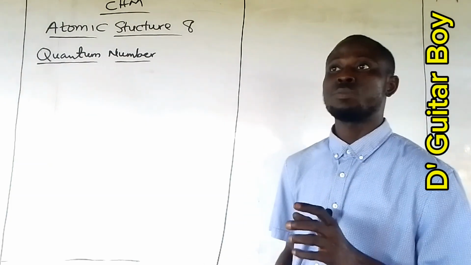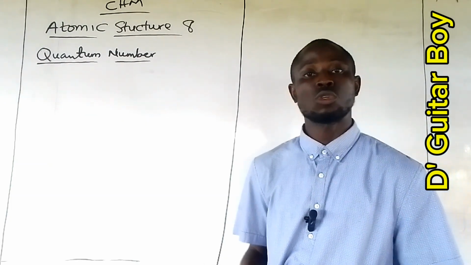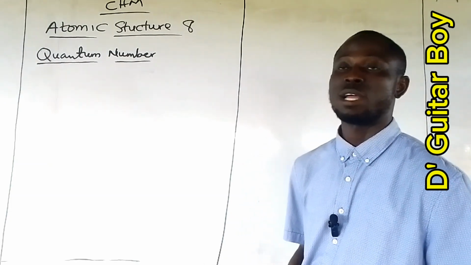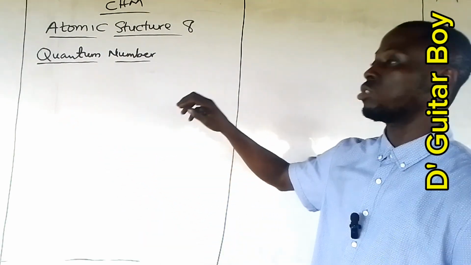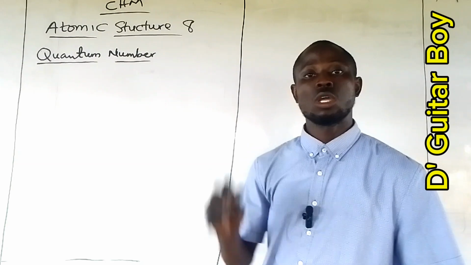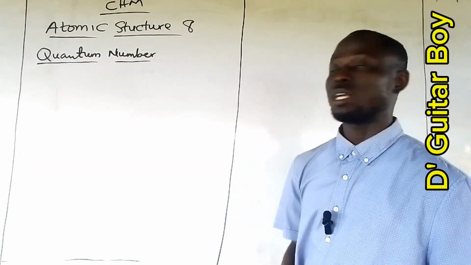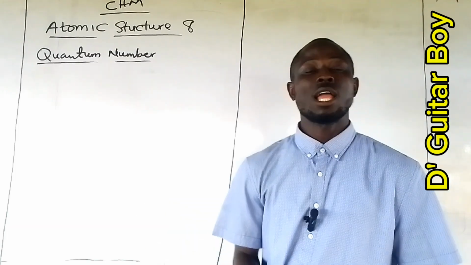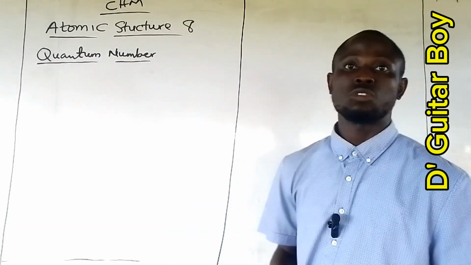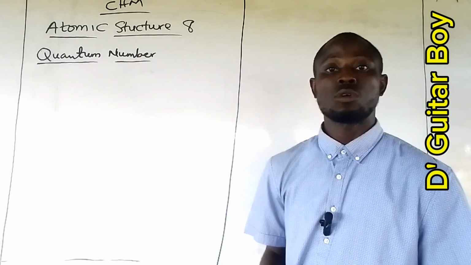You remember the orbit of an electron in Niels Bohr's model of an atom is identified by principal quantum number. I told you in our last video, under the mechanical model of an atom, that we are going to be talking about quantum number, because the mechanical model of an atom introduced us to the concept of orbital.